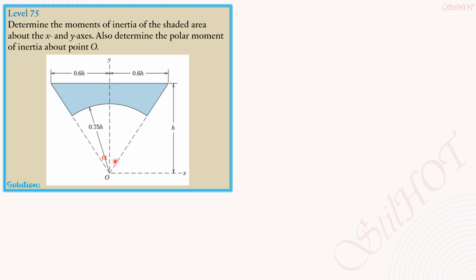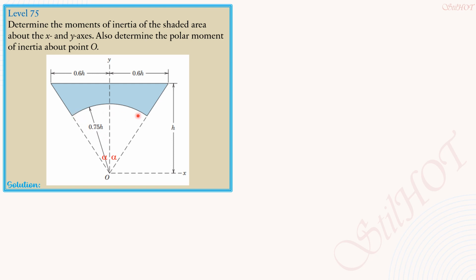We have a formula derived in the preceding videos that I have uploaded on YouTube. So this is alpha and that is alpha, and this sector here is oriented horizontally, with this as the x-axis.